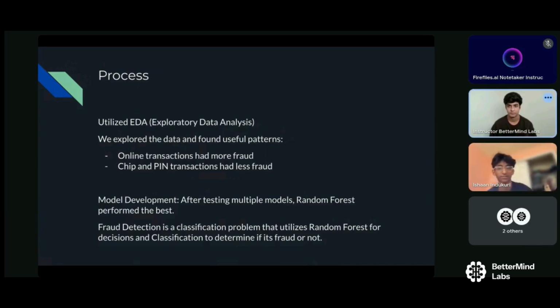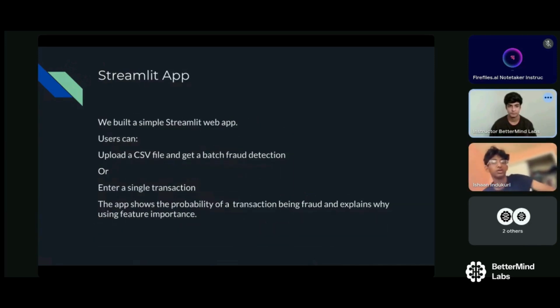And we used the code to build a Streamlit web app where users can upload a CSV file or the other files I mentioned and get batch fraud detection of multiple transactions, or simply enter one single transaction and the probability of fraud is given.